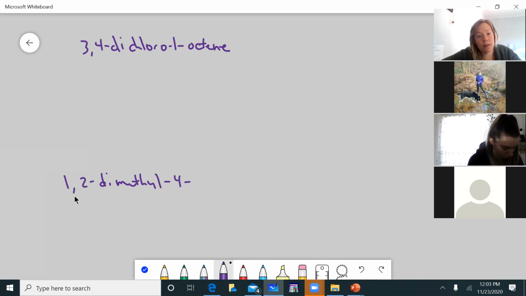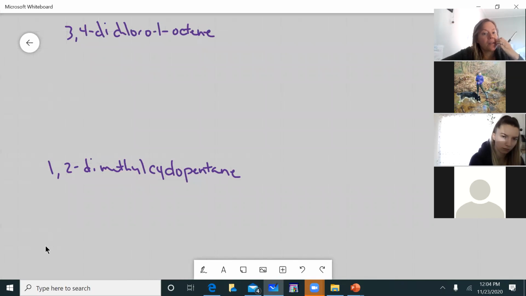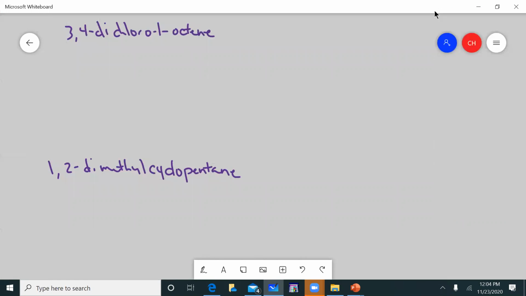It's hard for me to make these up out of thin air. 1, 2, dimethyl. And we'll ditch the 4. Okay, so 1,2-dimethyl cyclopentane. And I'll give you one more.